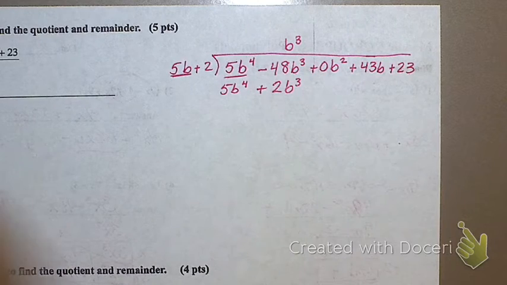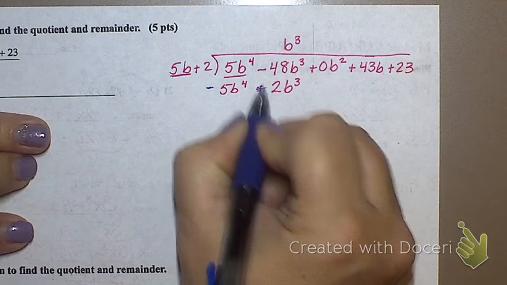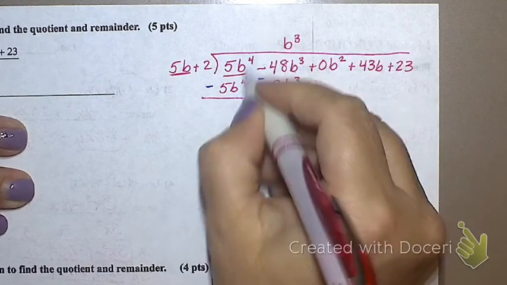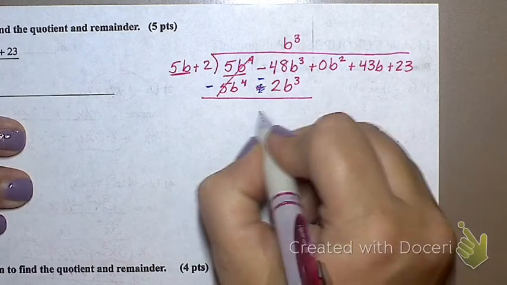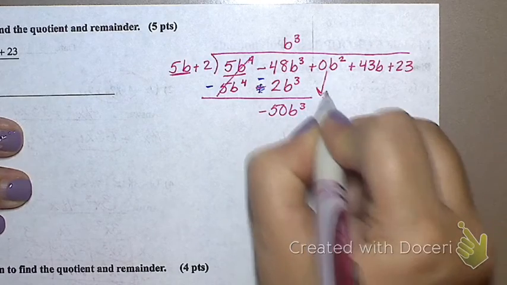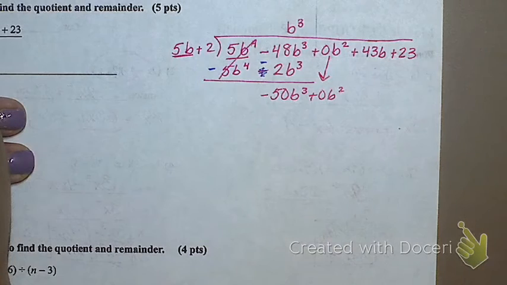Now I change my signs. This will become a negative. This will also become a negative. That cancels, and I have negative 50b to the 3rd plus 0b squared. It's the end of cycle 1.